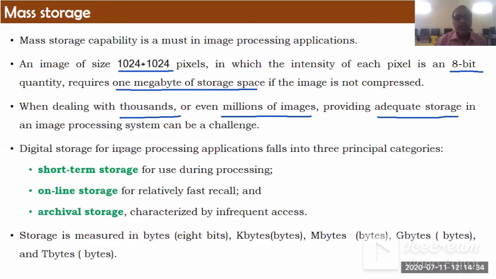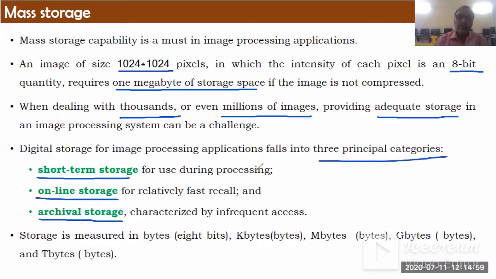So digital storage for image processing applications is used in 3 basic categories: short-term storage, online storage, and archival storage. Short-term storage means the storage required for the processing purpose, so we can read the image, process it, and output it.